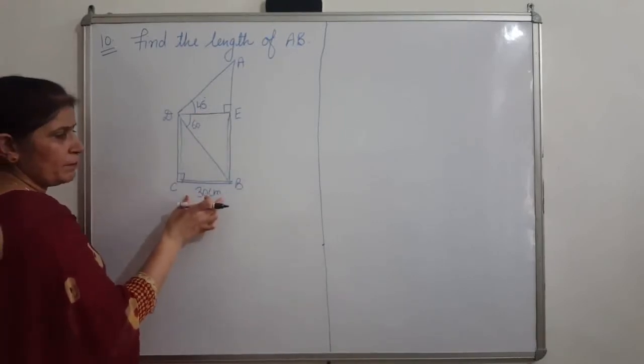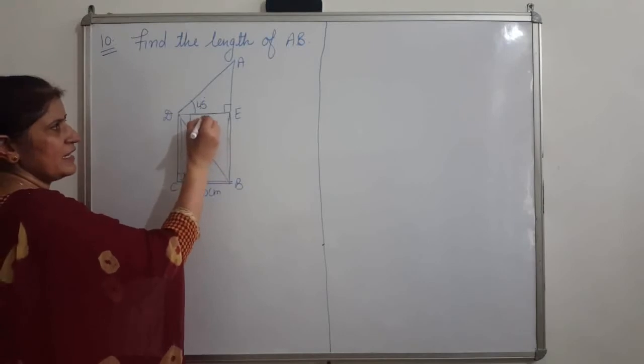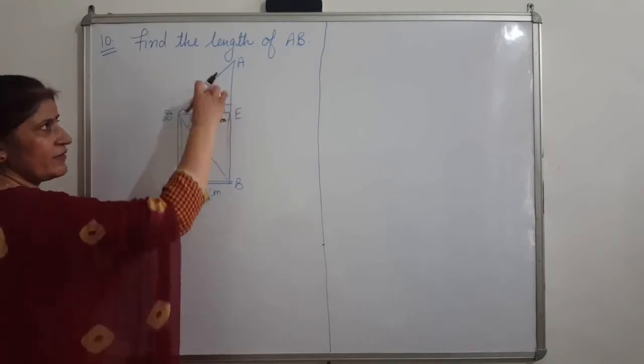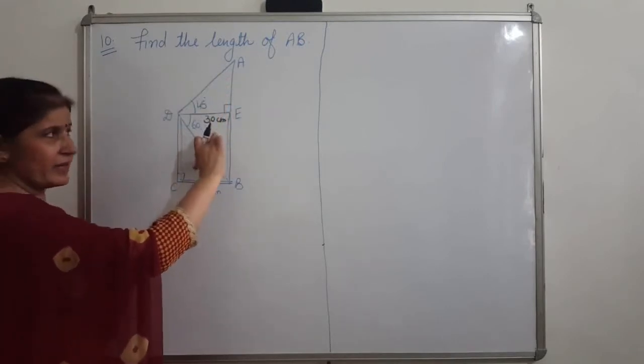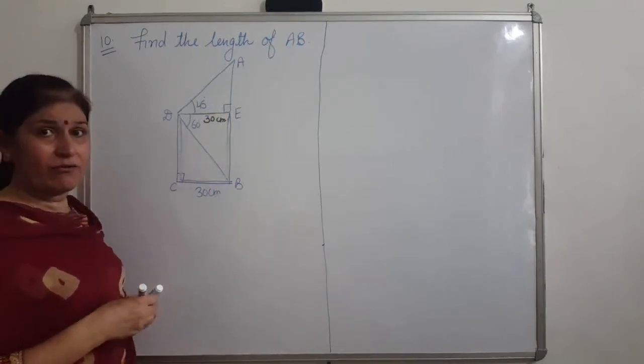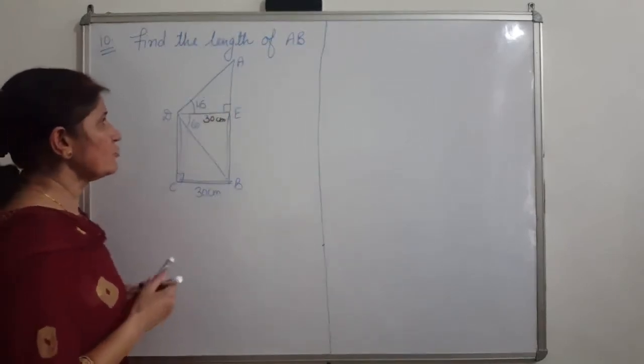That's why BC and DE, they are equal. So this is 30 centimeter. Now we have here right angle triangles. We will take these both right angle triangles and find the length, and at the end we add and we get length of AB. Now we start our solution.